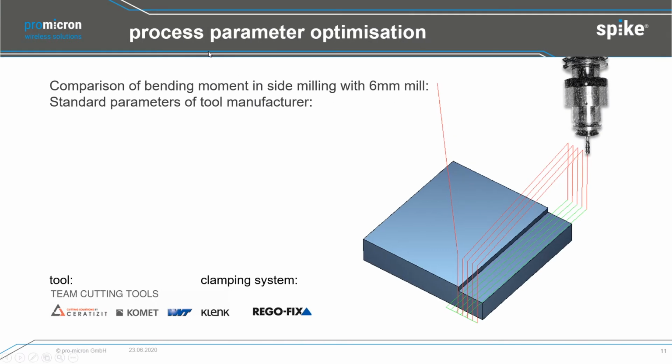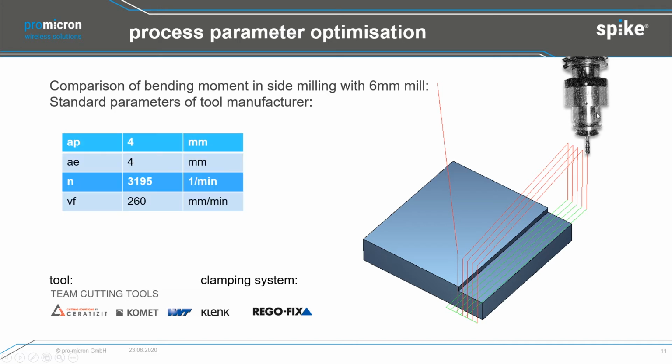Now I would like to show you the vibration effect again. In the webinar we did last week, we were able to run this operation live on our machine. We were using a tool from Ceretit and a clamping system from Regofix, the PG25, in perfect condition with our Spike system.